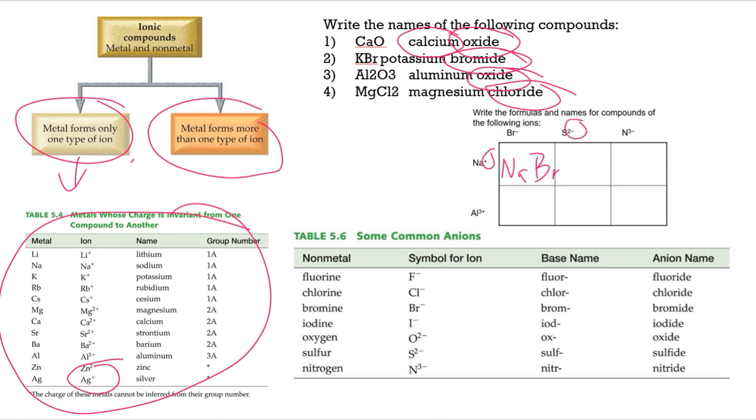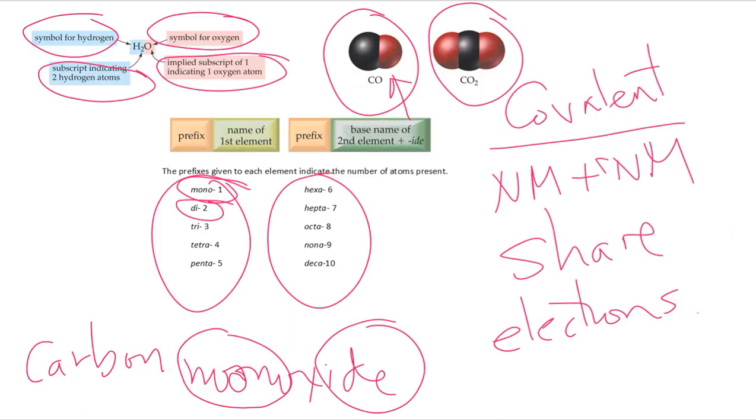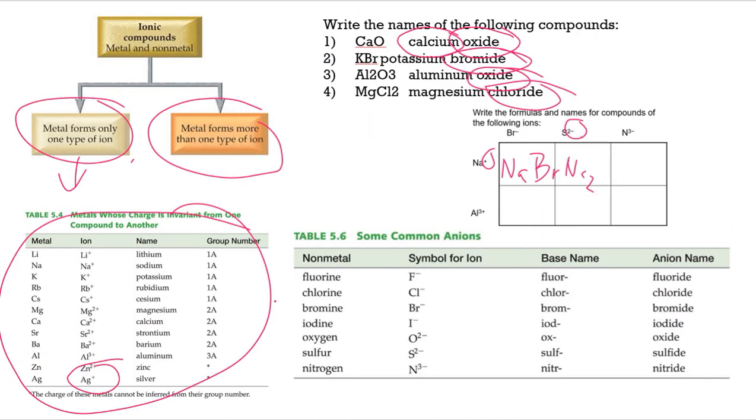Then the 2 goes as subscript of sodium, and then the 1 that is in sodium goes to sulfide. Nitride, well, you have a -3, that's why you have to put 3 sodium per 1 nitride.